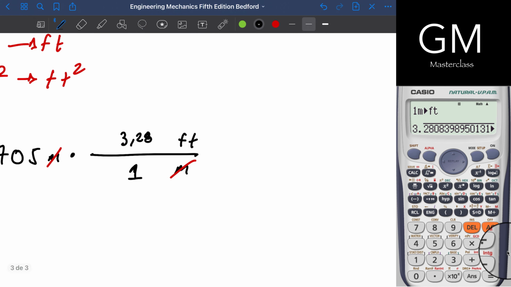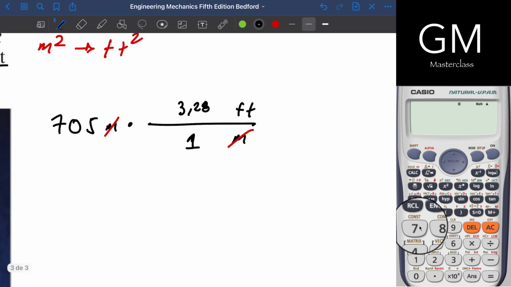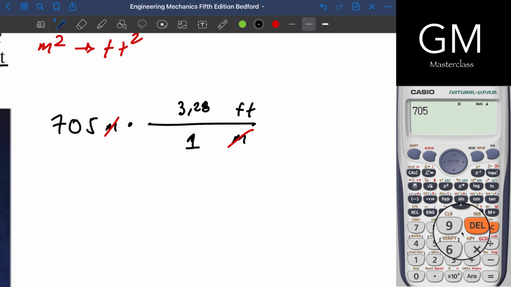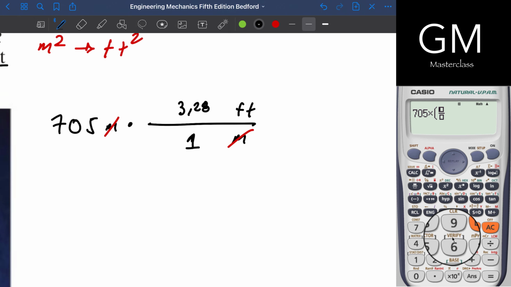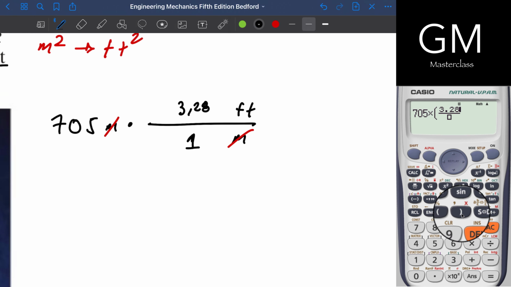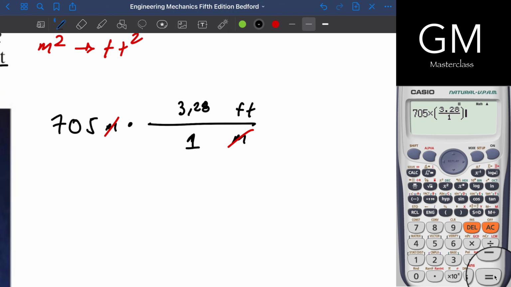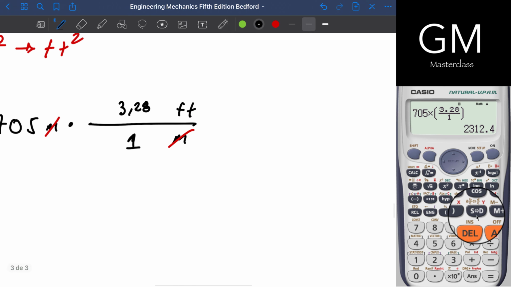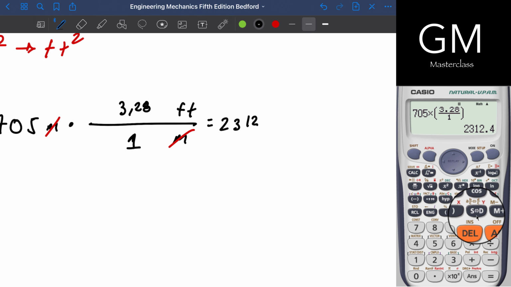So solving this equation, I'm going to get 705 multiplied by open parentheses 3.28 divided by 1, and that's it. The result is 2,312.4 feet.